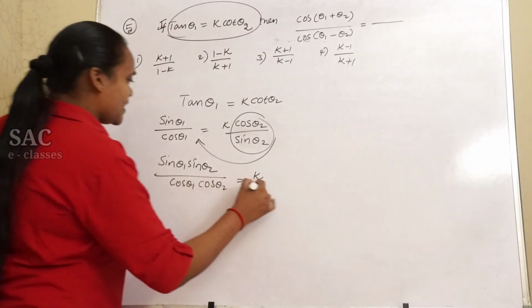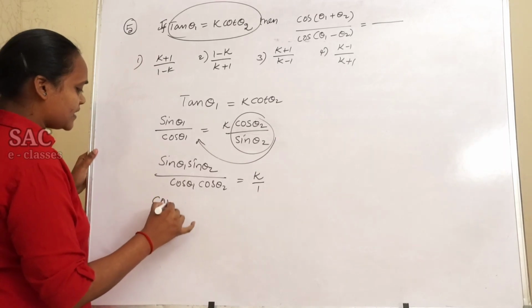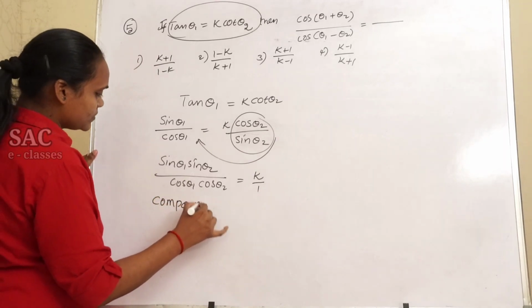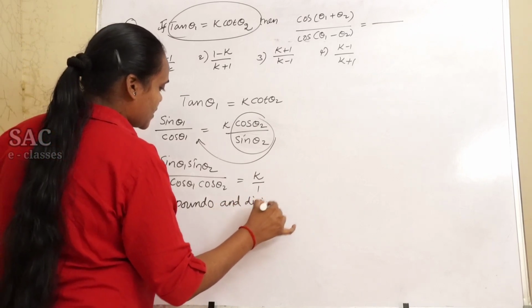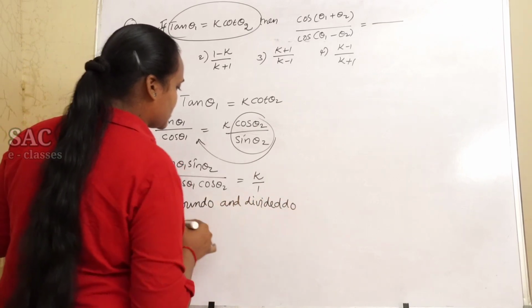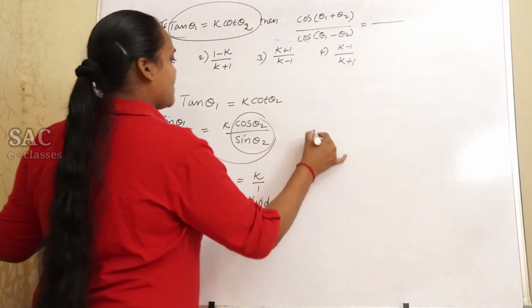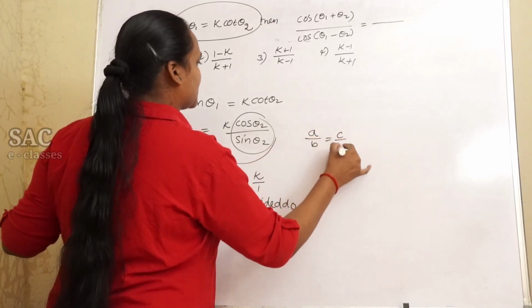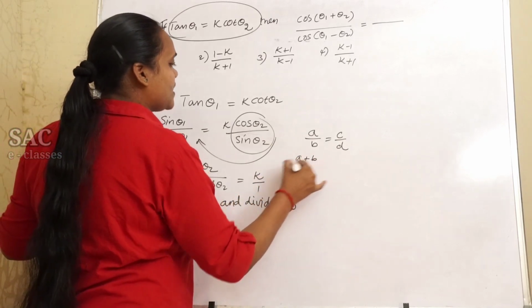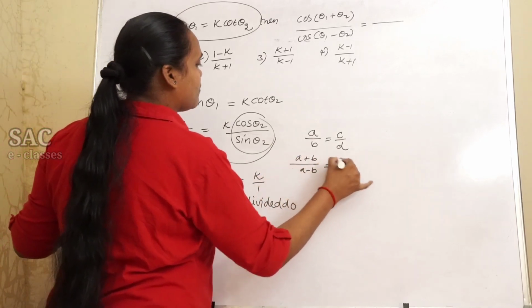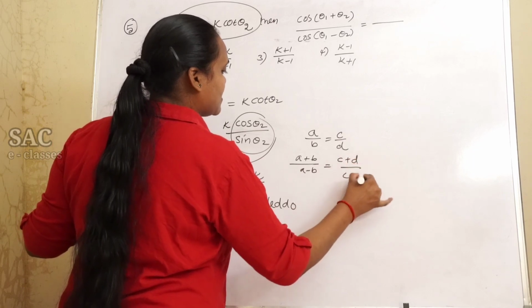So go for componendo and dividendo. We all know what componendo and dividendo is. That is simple. If a by b is equal to some other ratio c by d, then a plus b by a minus b equal to c plus d by c minus d.